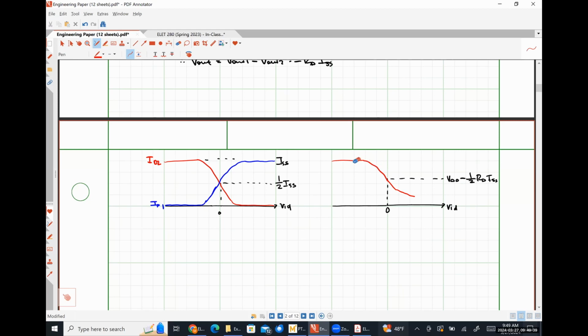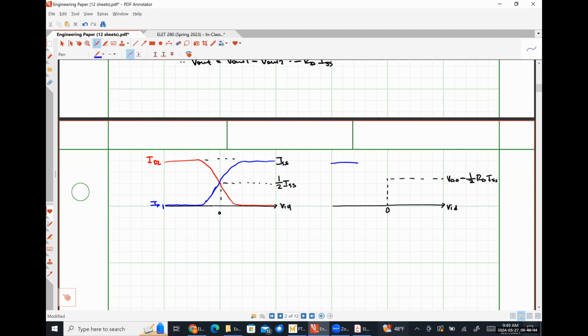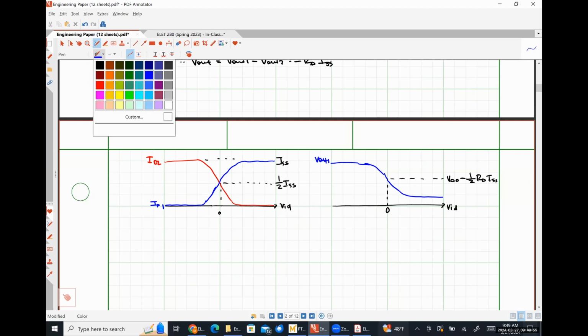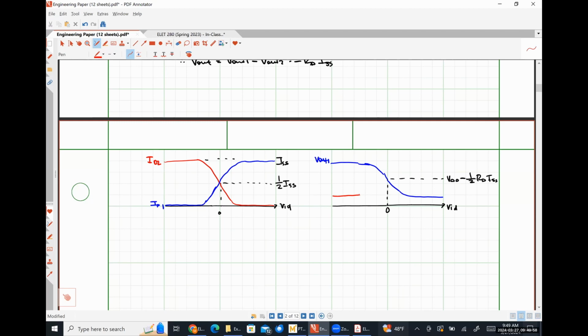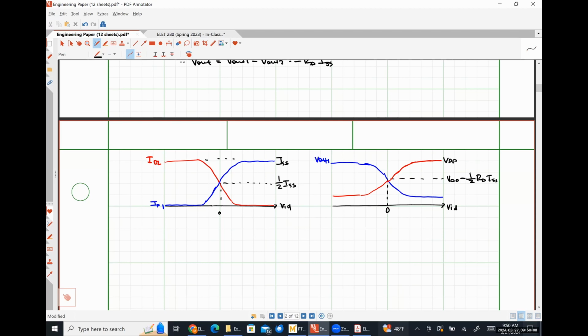Let me change the color of that to blue since it's for the one side of things. Sorry about that. V out 2 would do something like this. And up here we have VDD, and down here we have VDD minus RD ISS.